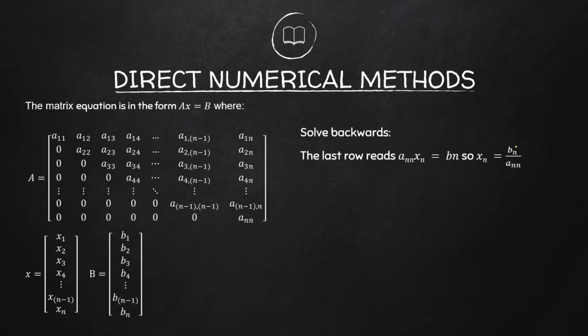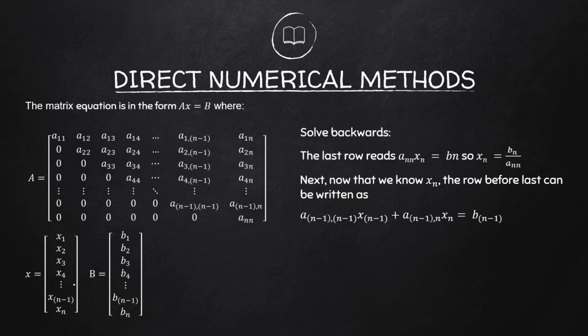So we can solve for it by using cross multiplication. For the next row, now that we know xn, we can solve for the second row, or we can solve for xn minus 1. If you put it back to the linear system, this is the equation that we can obtain.